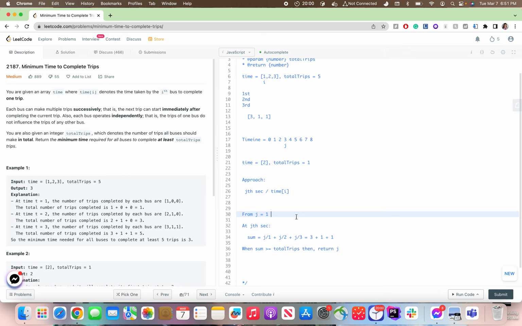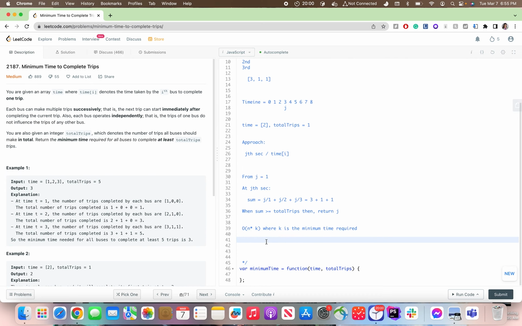For j is equal to 2, it would again take O of n time. So it will take O of n times k, where k is the answer, the minimum time required, right? So I think that we can do this in just O of n time. So how can we do that?